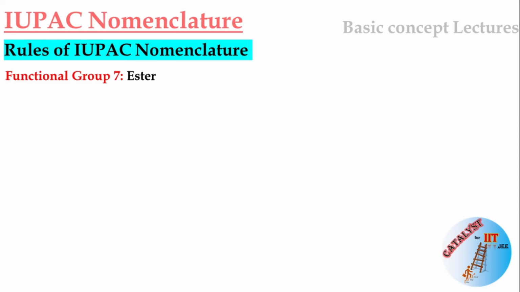We will move to our next functional group, which is ester. The basic difference between carboxylic acid and ester is in the hydroxy group, which is this OH. If this O is connected to hydrogen, then it will be a carboxylic acid. But if you replace that hydrogen with an alkyl side chain, then it will be an ester.